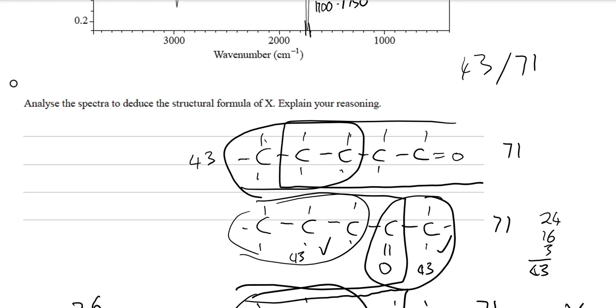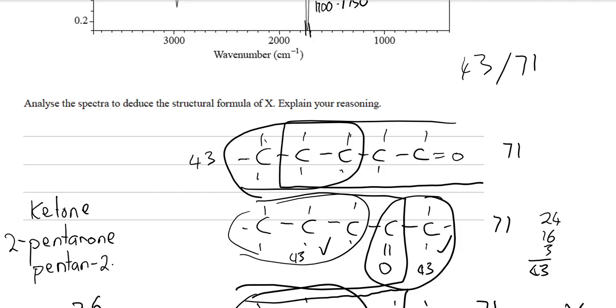So just by that alone, we might call this the ketone. And it is going to be pentanone. It's going to be 2-pentanone. 4-pentanone. Okay.